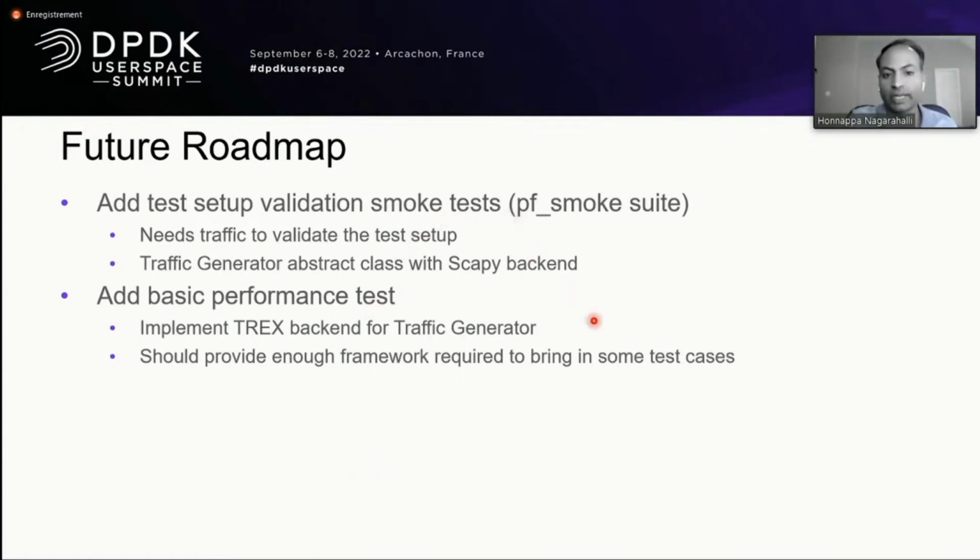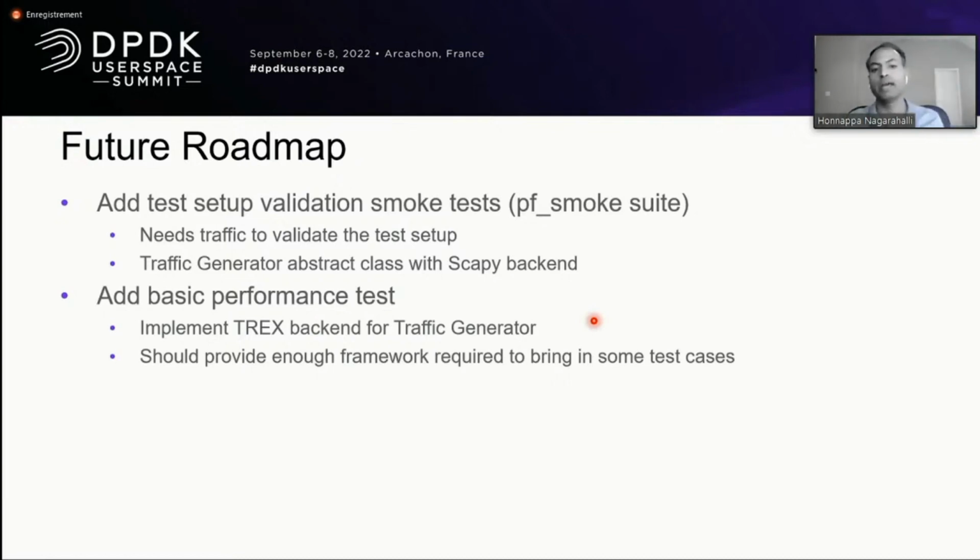These smoke tests would ensure that the topology of the controller, node, SUT, and a traffic generator is in fact set up well. So if you run this smoke test, it will say, yes, your test setup is working well, they are connected the way they are supposed to be connected, and so on, right?